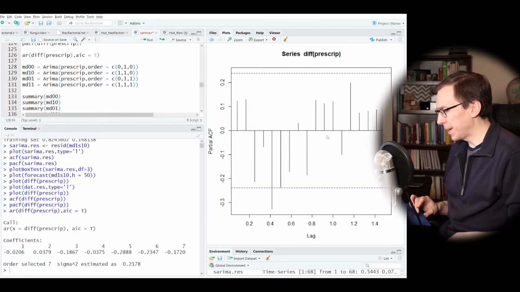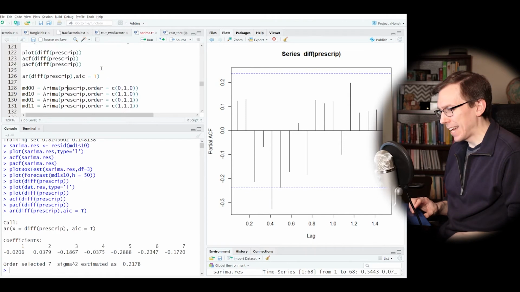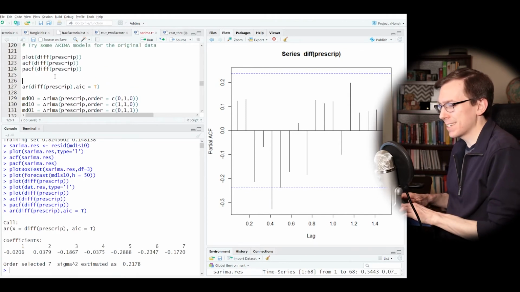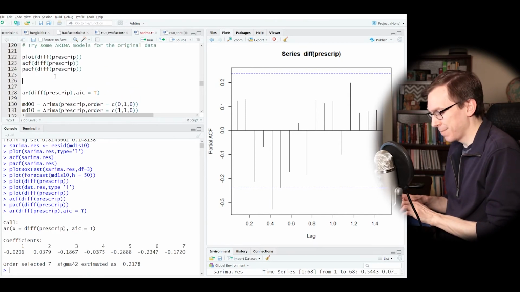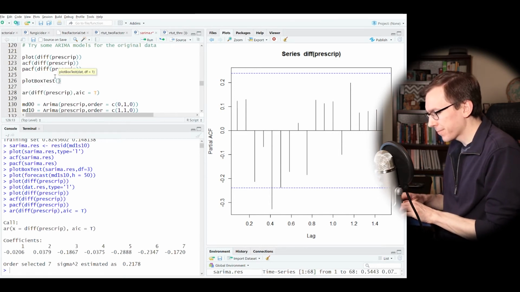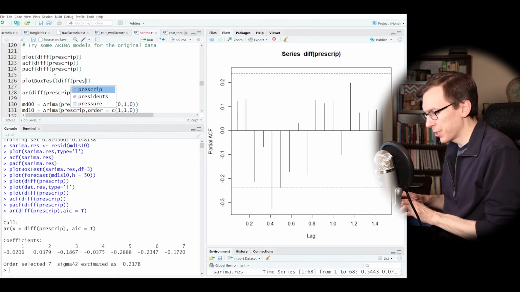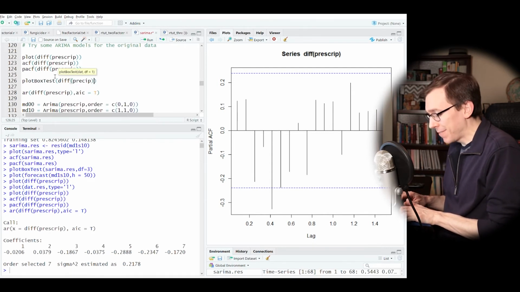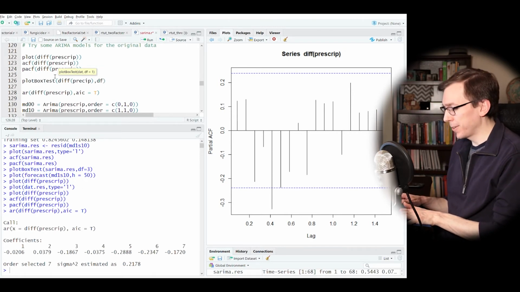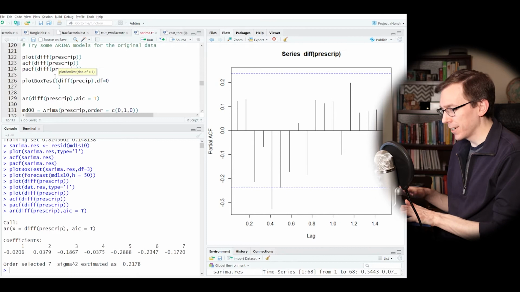If I just take a first difference, I'm basically looking for white noise in the process. Now, because of these spikes here, I'm guessing that... no, it's funny. I never actually did my box test. We should do the box test, my plot box test function, where I give it the first difference and my prescription. In this case, we haven't actually fit any parameters to the data. We just took a first difference, so I can set this to 0.